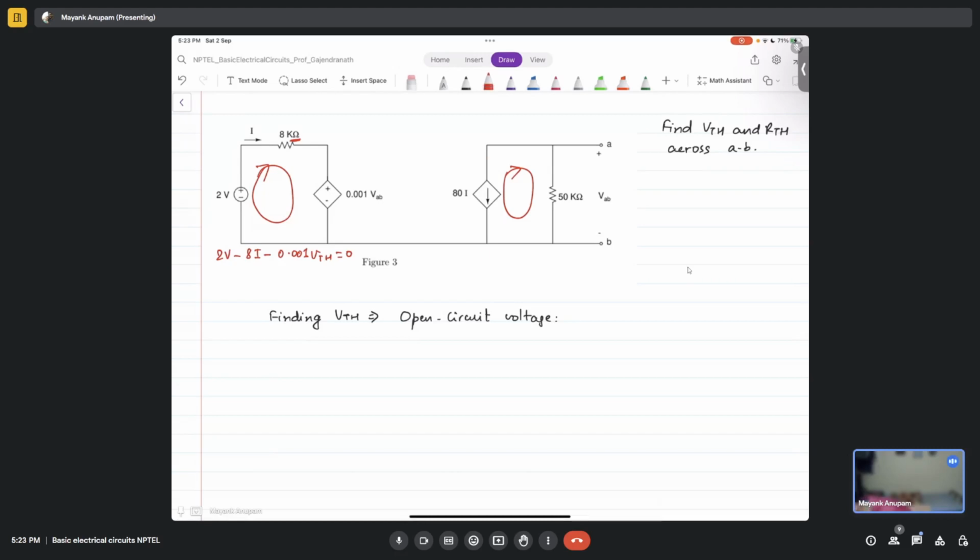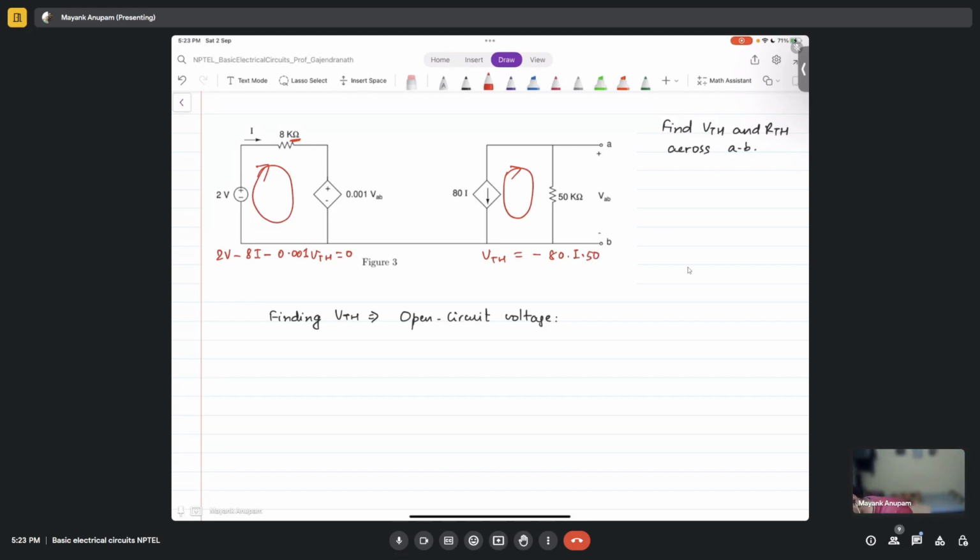Because I directly know the VAB or VTH here. What is VTH? Minus 80 into I into 50K, right? Correct? Yes, sir.